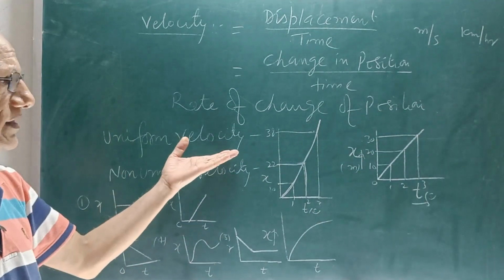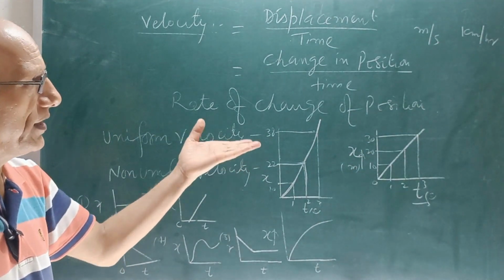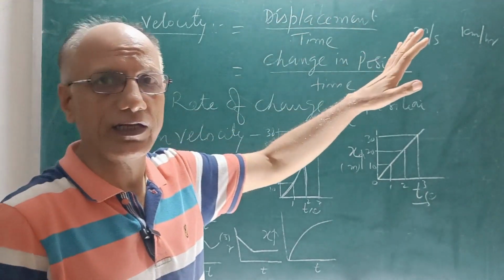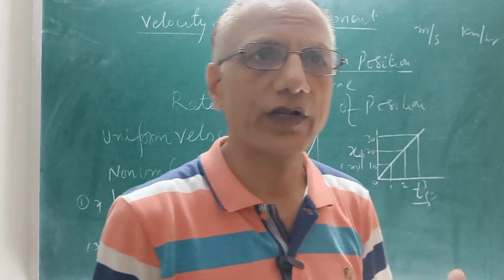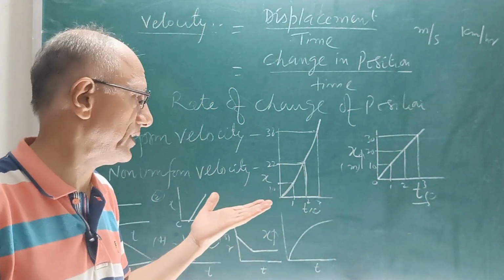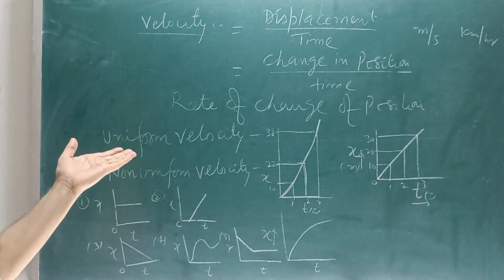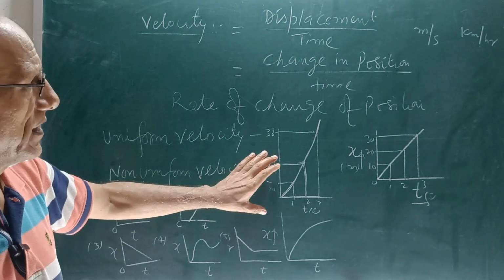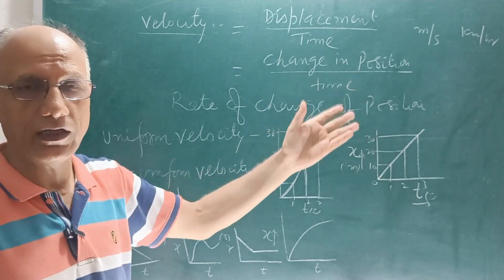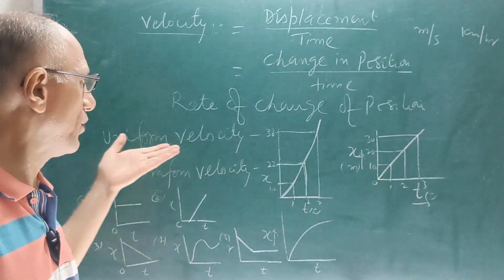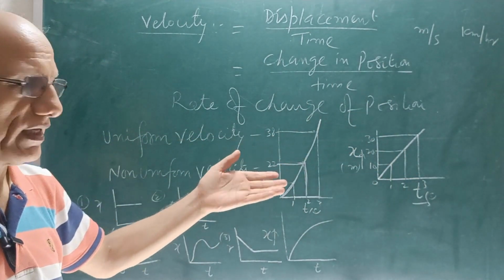Then uniform velocity will be if a body is covering equal displacement in equal intervals of time, then the body is said to have uniform velocity. Or in other words, if a body has equal change in its position in equal intervals of time, then the body has uniform velocity.